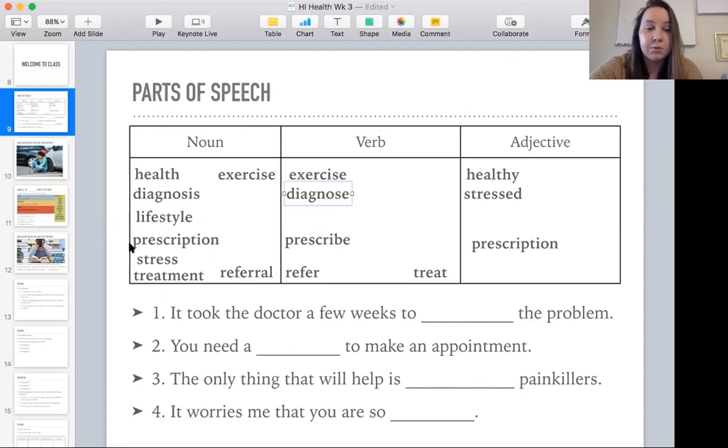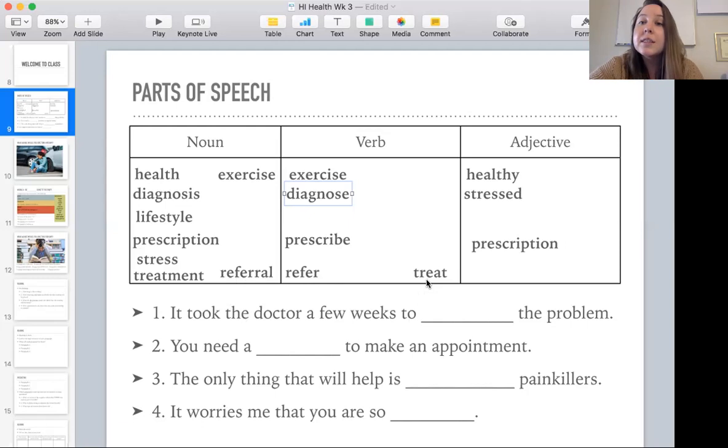The noun prescription, the verb prescribe, and the adjective prescription. The noun is stress, the adjective is stressed with the ed. The noun is referral, the verb is refer. The noun is treatment, and the verb is treat.